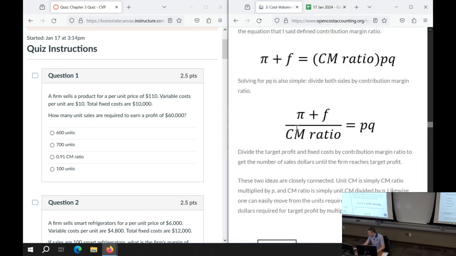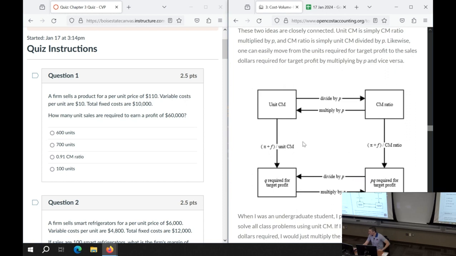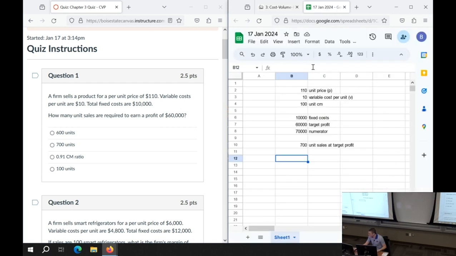So I'll roll down a little bit here. We went from unit contribution margin to quantity required for target profit. This is kind of a problem-solving matrix for you of how you can transition between all these things. We took pi plus f over the unit contribution margin. That's what we did. Now we could solve this problem with the CM ratio.